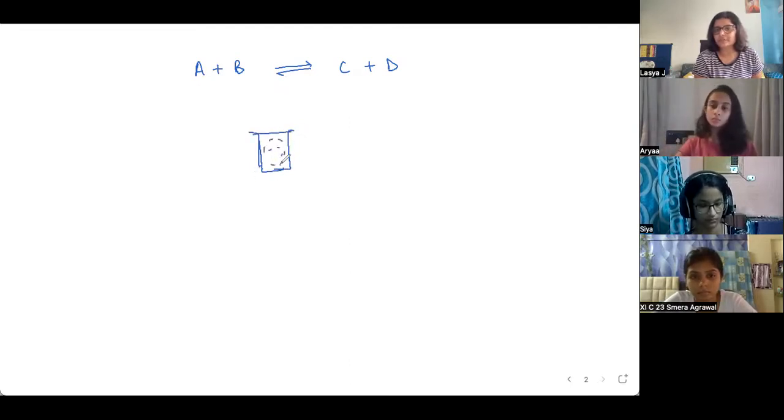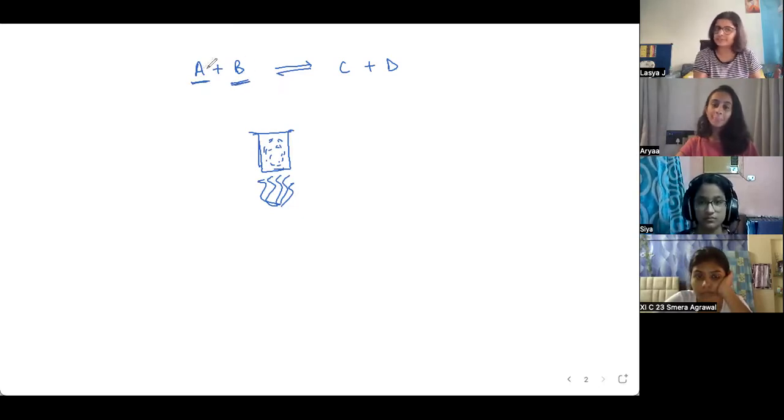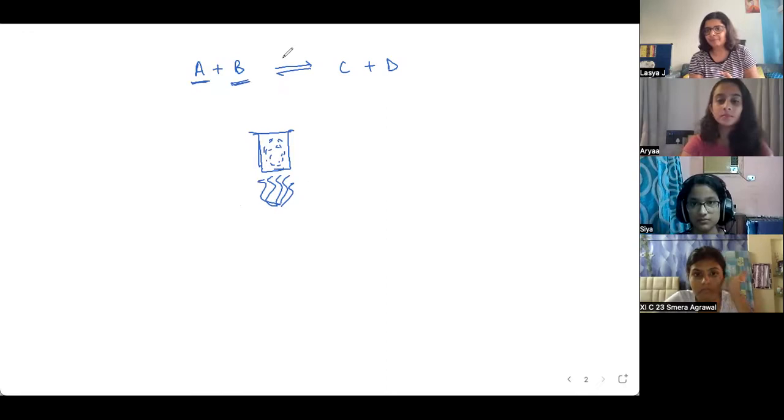A, B, C, D, all of them are in here only. When you're increasing the temperature of this system, you're increasing the speed of A and B, the kinetic energy of these molecules is increasing, more collisions happen, and the reaction happens faster.